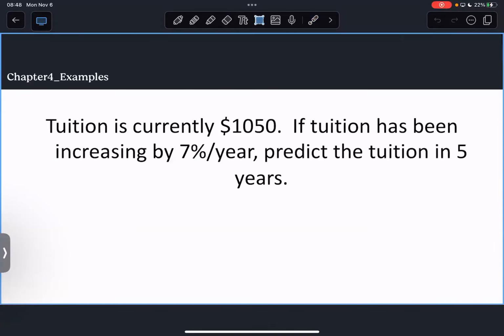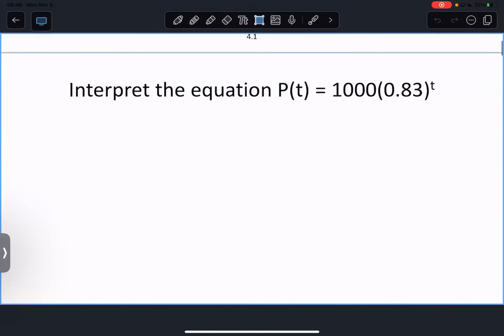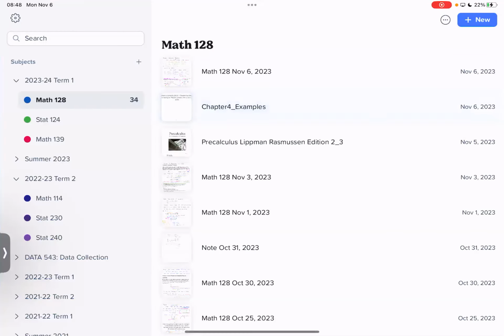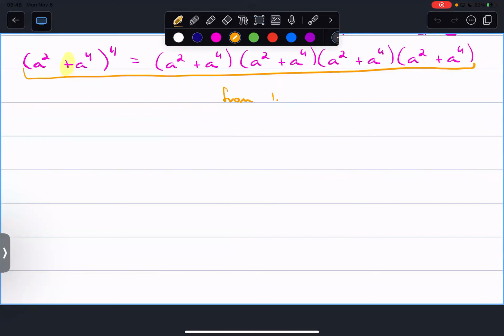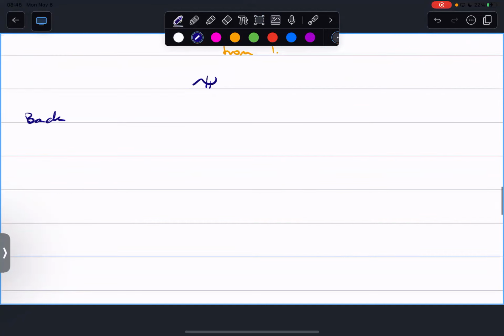We did the first example and then we made up some other examples last day because I didn't have these examples posted yet. And so here, I'll say back to exponential functions.